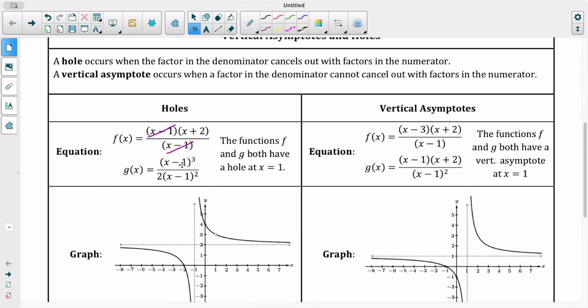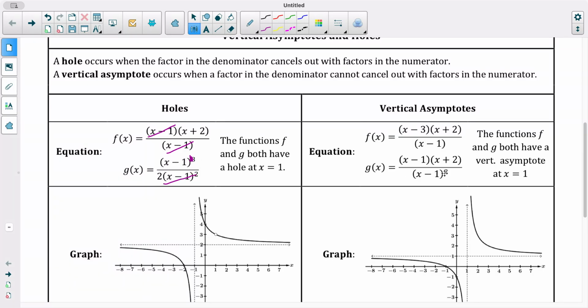Okay, this one, because this has got 2, and you can basically cancel all of the ones in the denominator out. I need you to understand that, okay? If all of the factors of something in the denominator cancel out, then it's a hole. So both of those would cancel, and you'd be left with 1 up here. So you would have a rational function with a hole at 1.